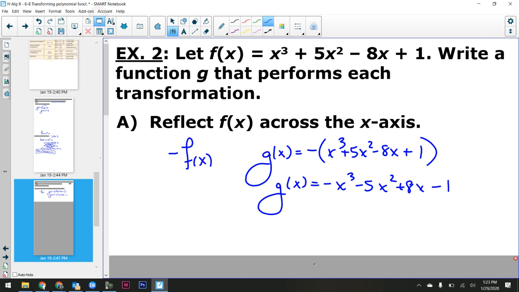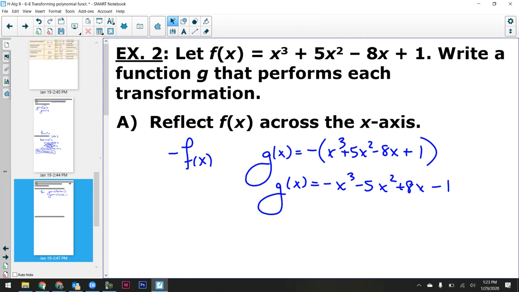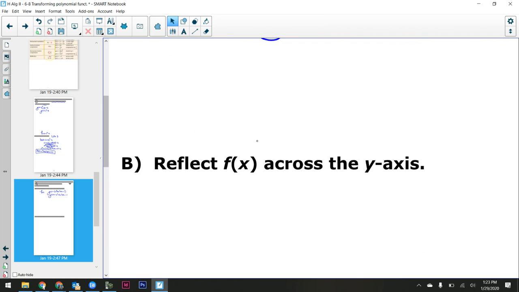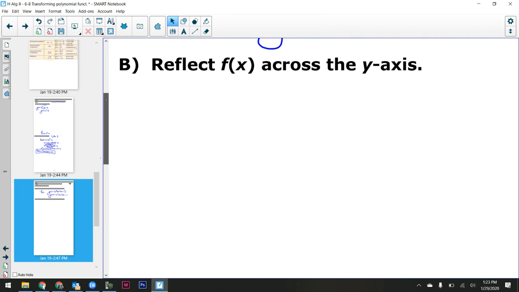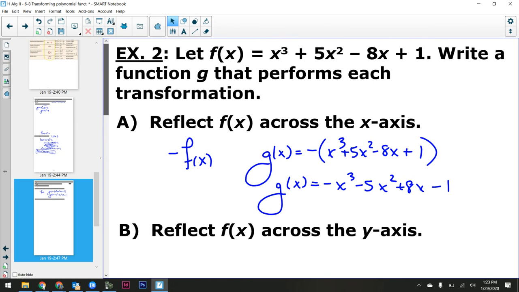All right, now, let's try this. Let's now reflect this across the x-axis, or sorry, the y-axis. We did the x-axis, now we're going to do the y-axis. How is this different? Well, where does the negative go now? The inside.